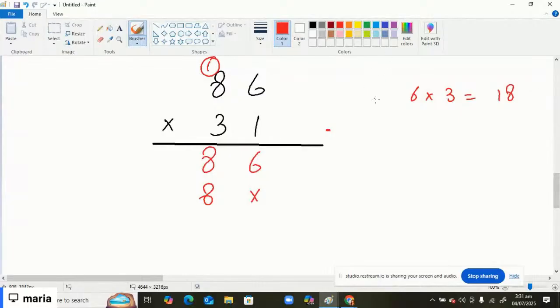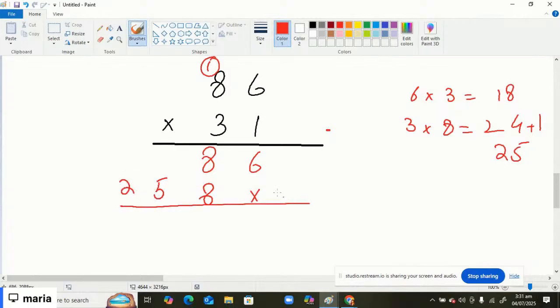Now 3 times 8 is 24. Then plus 1 is 25. So I'm just going to put 25 here.